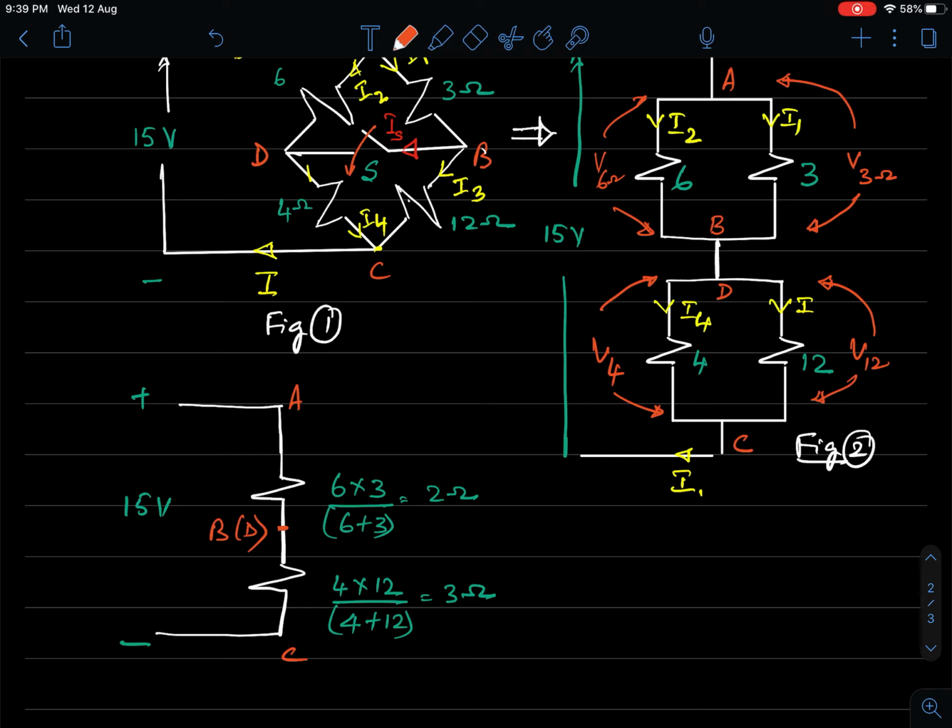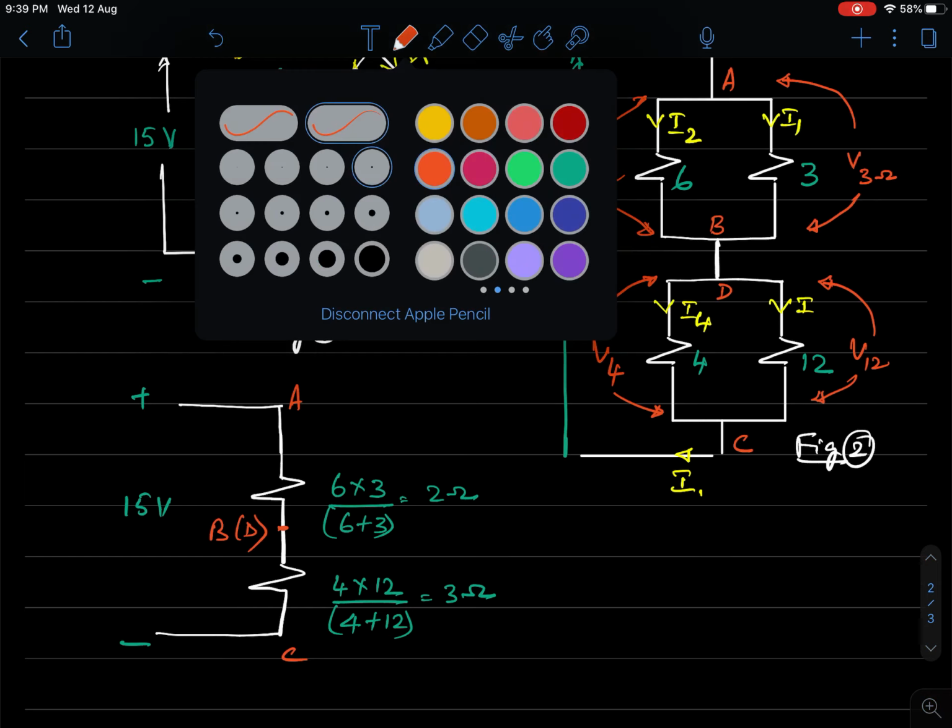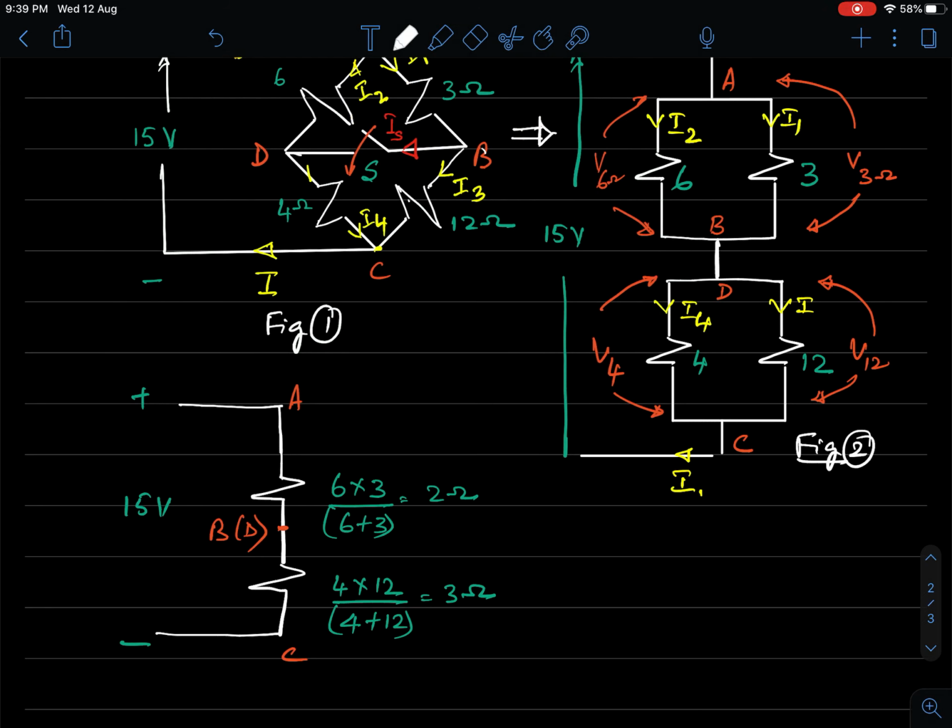Now, if I need to know the potential difference across 2 ohm and 3 ohm, what do we do? This 2 ohm and 3 ohm, as we can see, are in series. So we can easily apply the voltage division. In figure 3, I will calculate this potential difference.